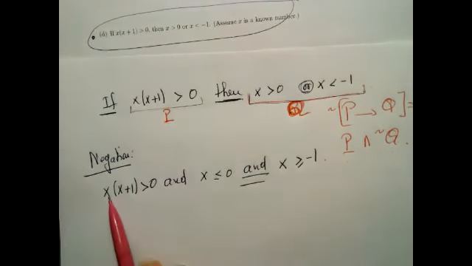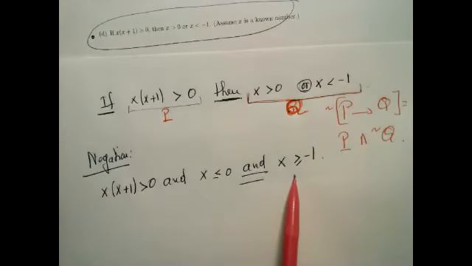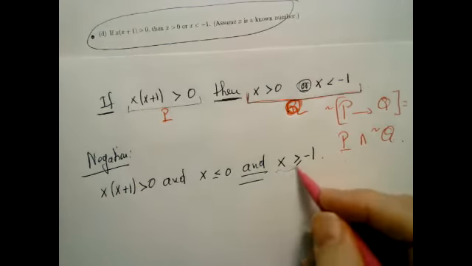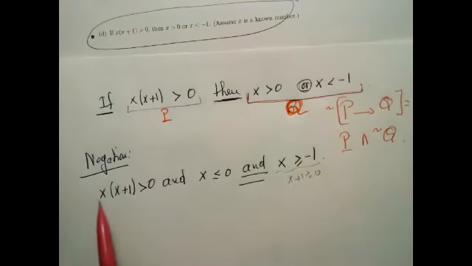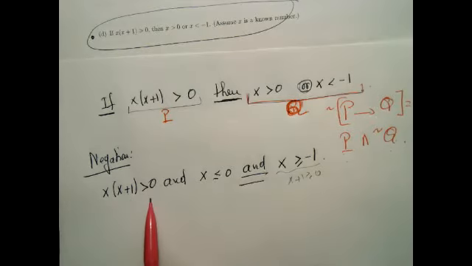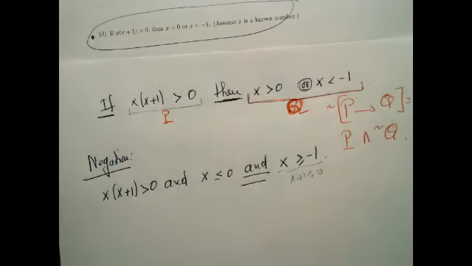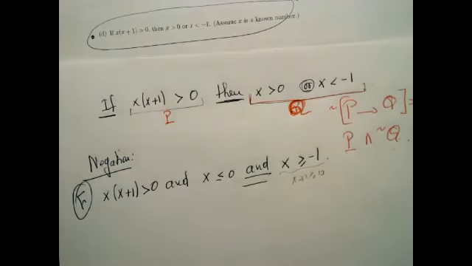Is it possible to have X negative? X bigger or equal to minus 1 means X plus 1 is positive. So is it possible to have X negative, X plus 1 positive, and the product positive? No way. So the negation is actually false, whether you know X or not.